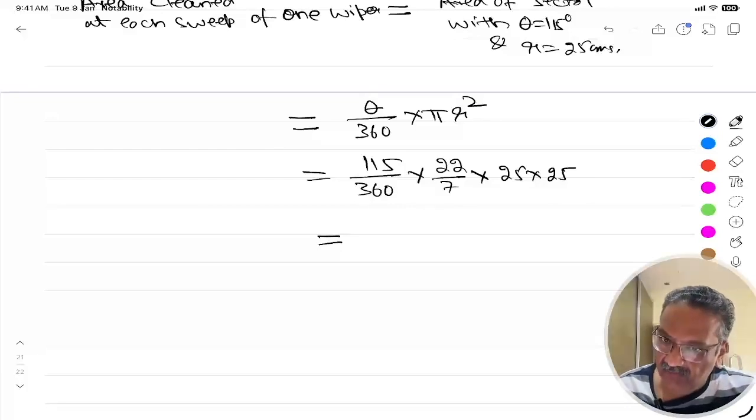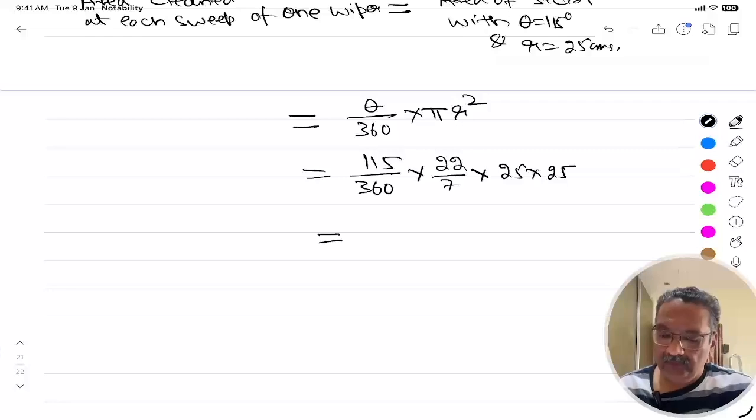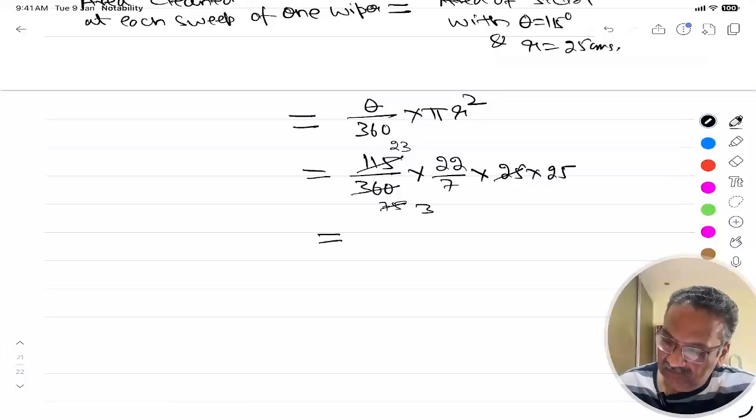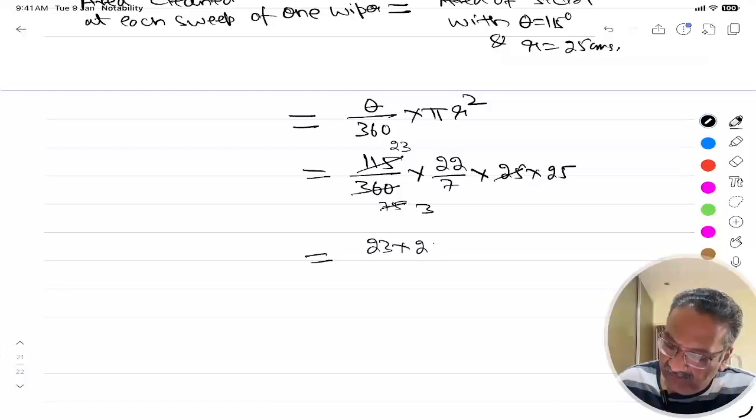Okay, let us try to solve this. 575 is 25 ones 25. So I've got 23 into 22 into 25 by 21.